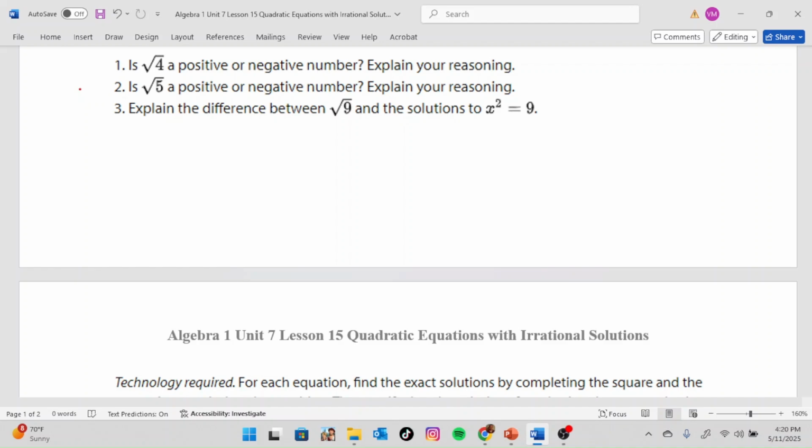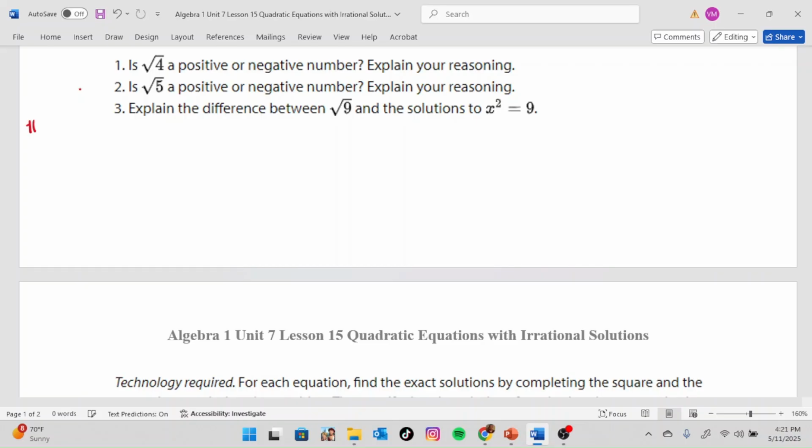And you've probably heard me say numerous times, if you've been watching these lessons, that when you take the square root of a positive number, you get both a positive answer and a negative answer. So for example, the square root of 4 is both 2 and negative 2. But here is the key to what number 1 and number 2 are asking.